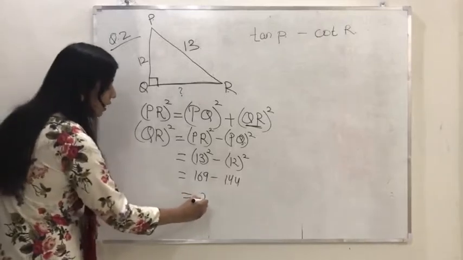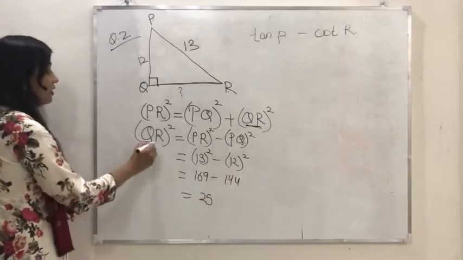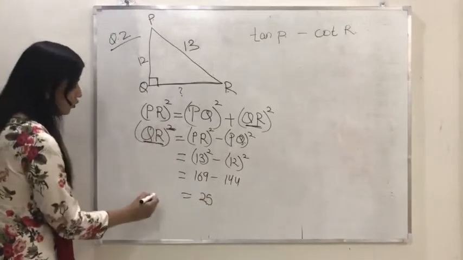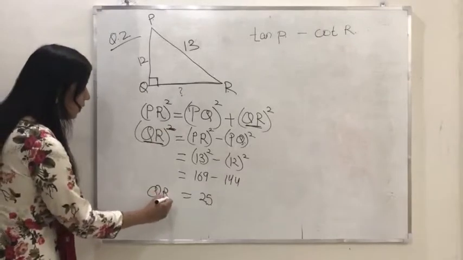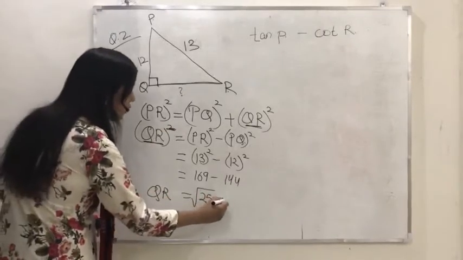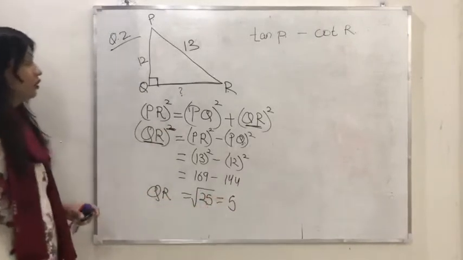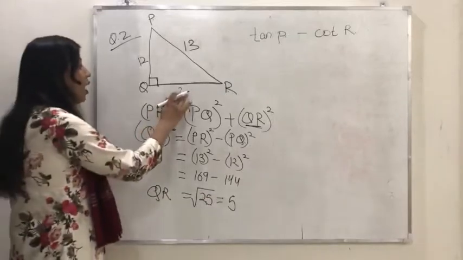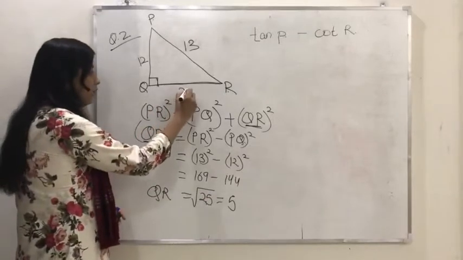So you will get 25. So 25 is the value of QR square. So the value of QR will be root of 25, that will be 5.